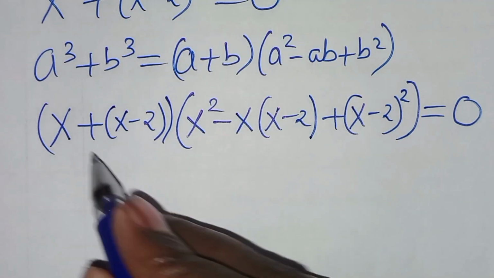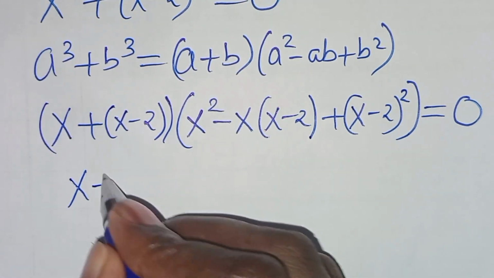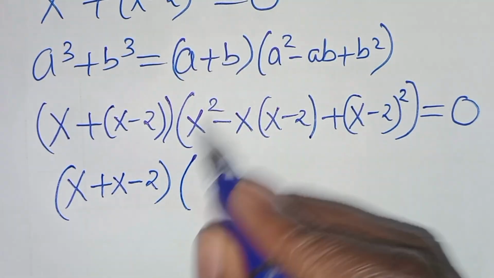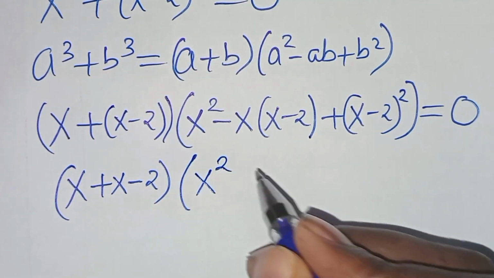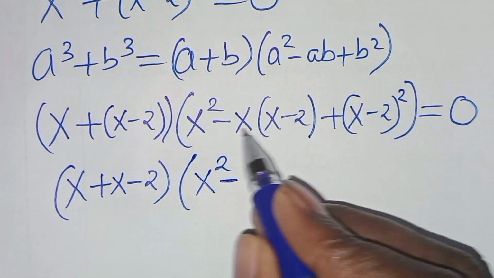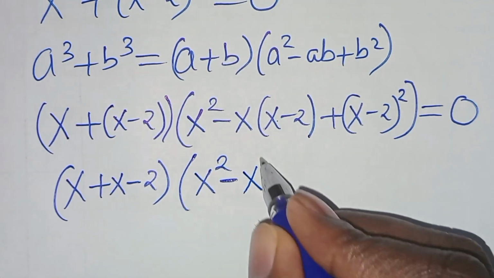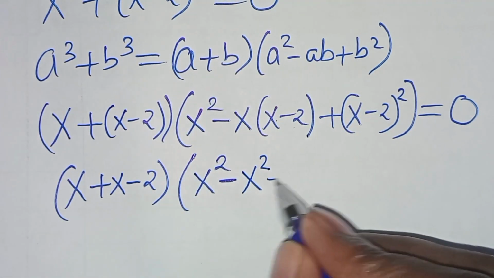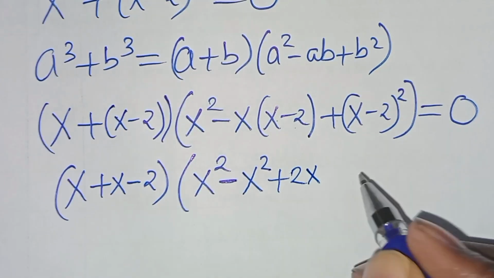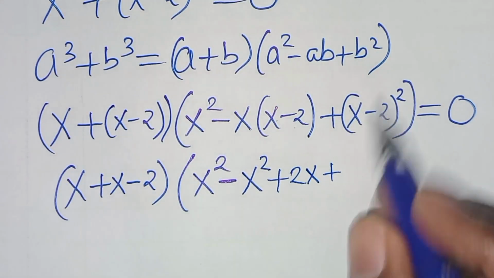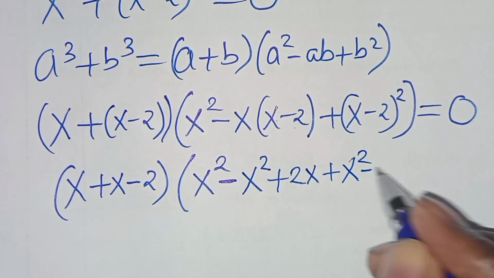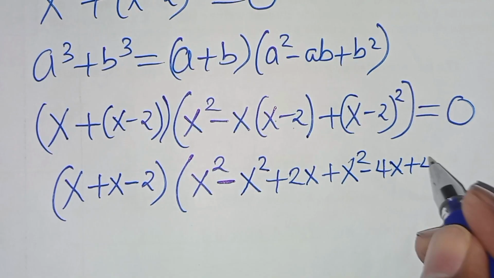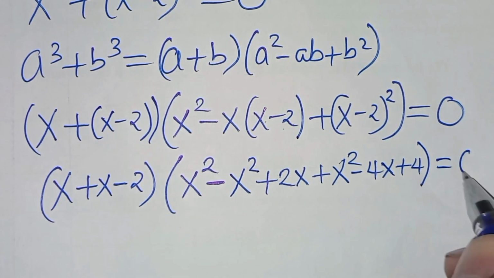Next, we have x plus x minus 2, then x squared, then minus x times x, this is x squared, then minus x times minus 2, this is plus 2x. Then plus x squared minus 4x plus 4, since minus 2 squared is 4. Close the bracket, equal to 0.